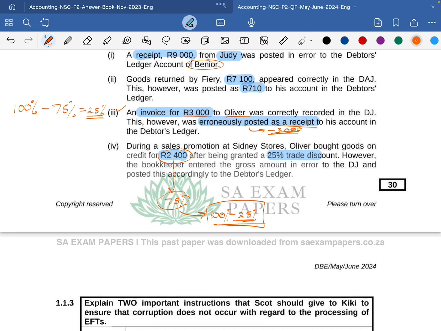That's what we are looking for. Now we are not given the 100, but we are given the 75% as 2,400. So from here we can simply work.